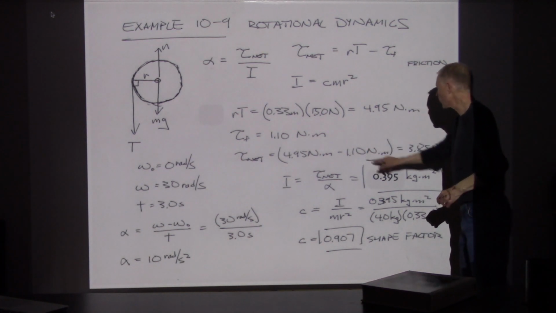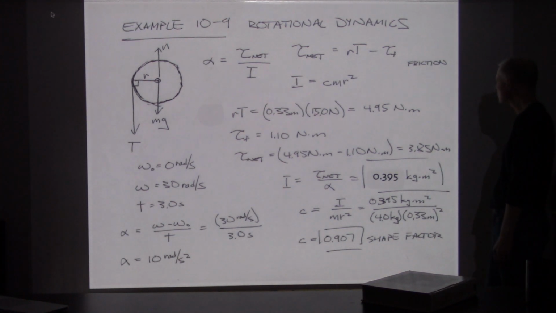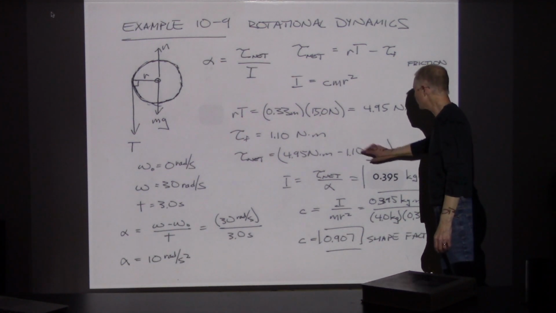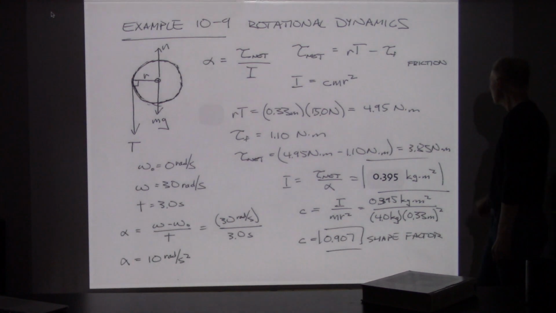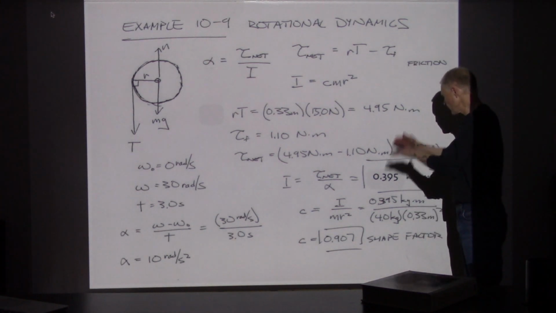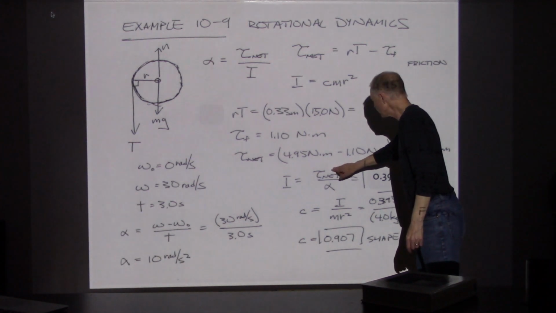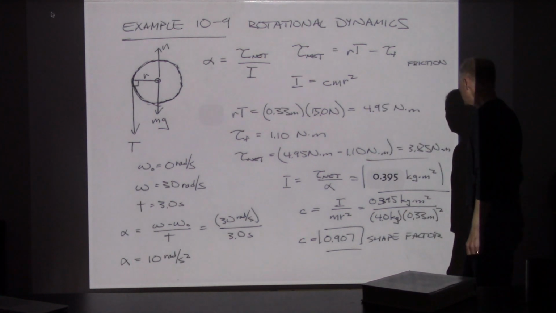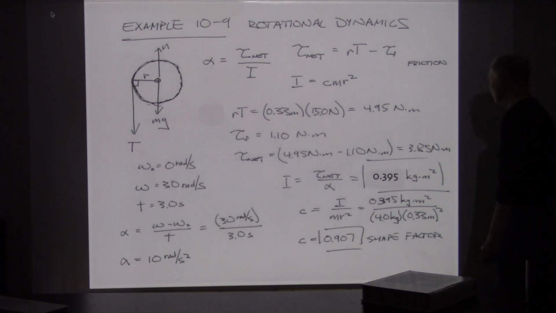Yeah, I dropped the 0.10. So what's the easiest resolution here? Maybe we should turn the frictional torque into 1 newton meter, and then this would be 3.95, and then everything else should be fine. So 3.95 divided by 10 gives us 0.395.